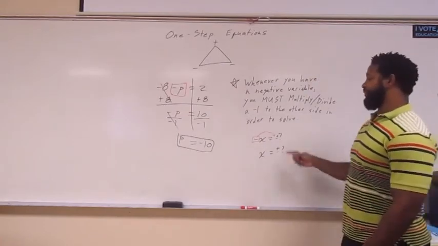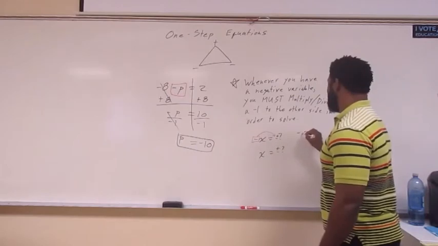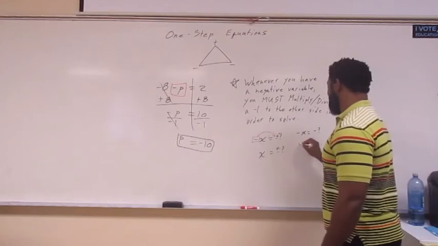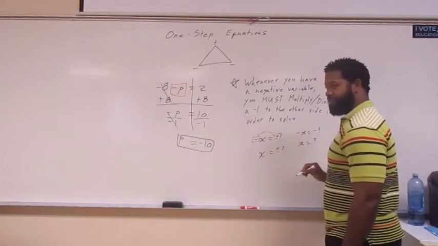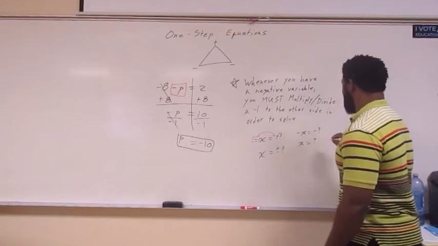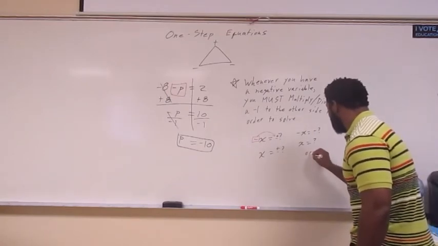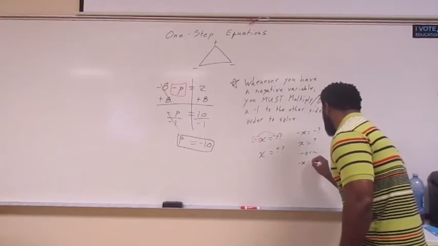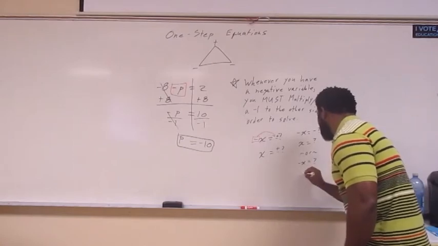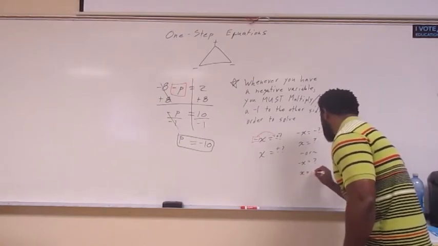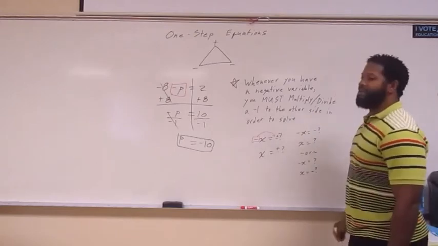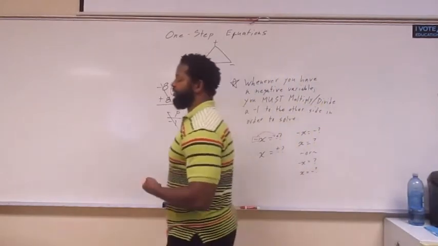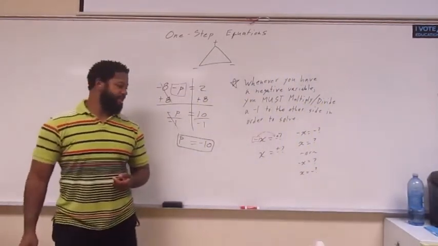So if you have a negative variable equal to a negative number, then that'll be x equal to a positive number. Whereas if you have a negative variable equal to a positive number, then that variable will be equal to a negative number. That's basically what is being done. You're multiplying or dividing that negative to the other side.